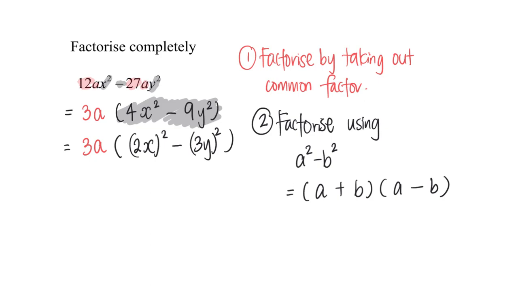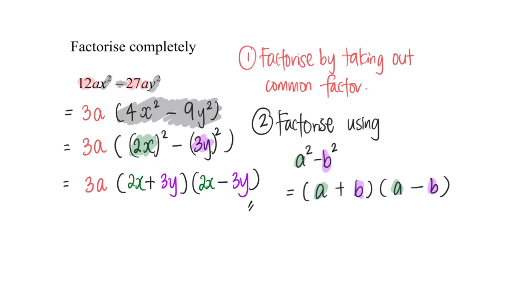And from here, we can then see what is my a and what is my b. And I just have to apply this special product neatly here. 2x is my a, 3y is my b. And I have successfully factorized completely this expression. Alright, let's move on to the next question.